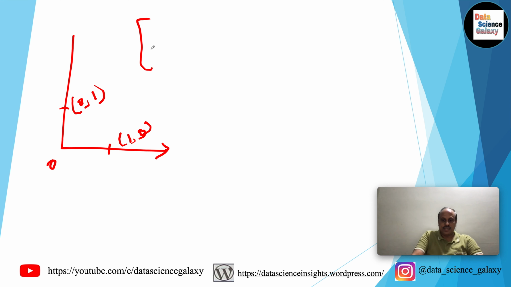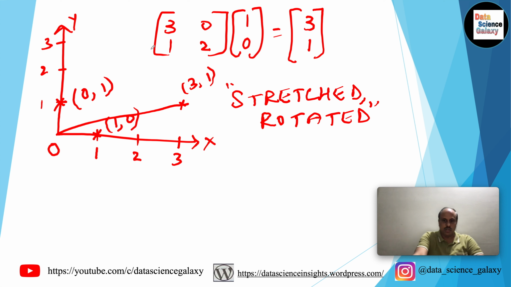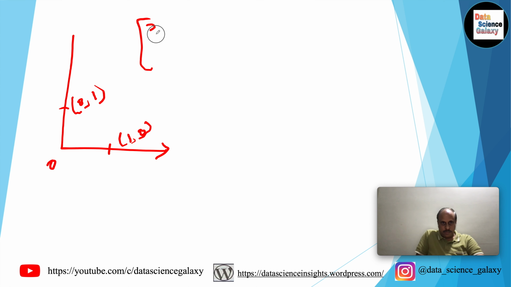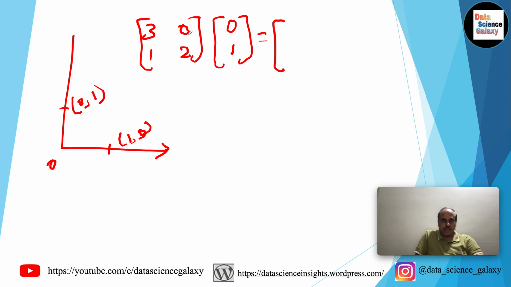Take the same matrix, 3, 0, 1, 2, and multiply it by 0, 1. So let us just simplify this. 3 multiplied by 0 is 0, 0 multiplied by 1 is 0, 1 multiplied by 0 is 0, 2 multiplied by 1 is 2. So we have 0, 2. 0, 2 would be this point. What happened?